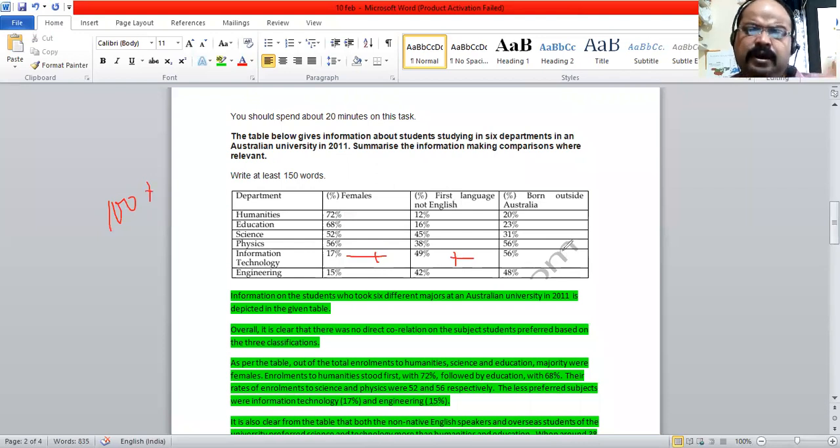If we needed to compare directly, 17 plus 49 plus 56 should be 100. Then I could compare. Right now I cannot compare directly. I have to compare in a different way. Let's see how it works out.